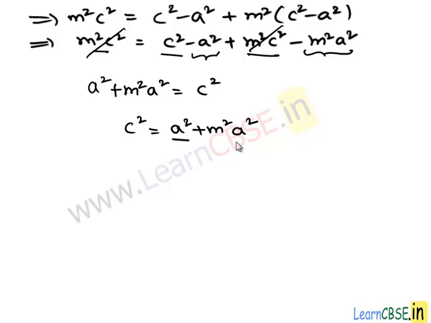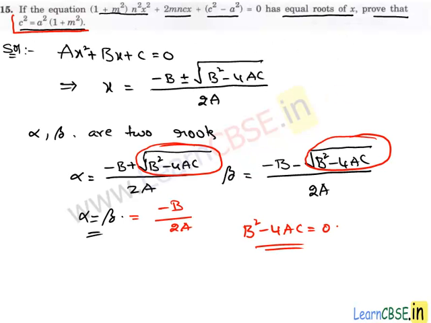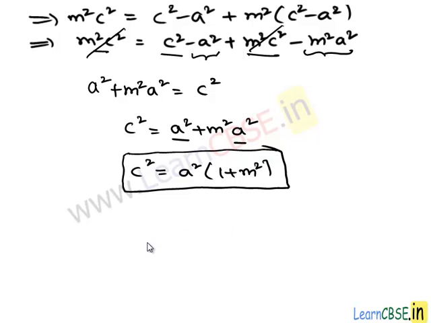Here we take a² common, then we have c² = a²(1 + m²), which is the given condition we had to prove. Thus we have got the condition, and this completes our solution.